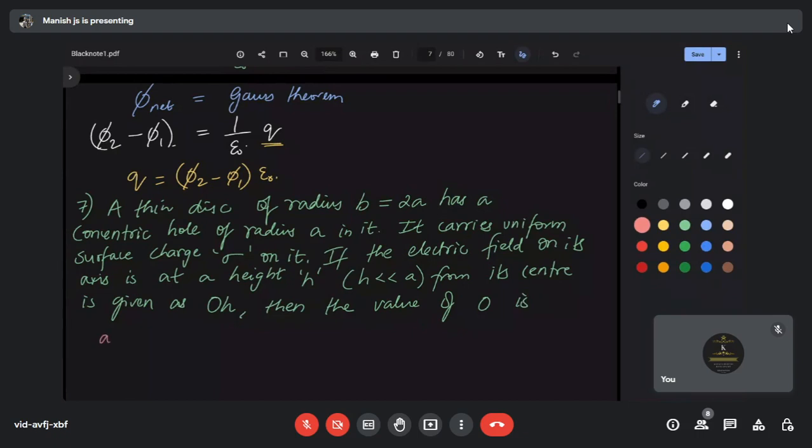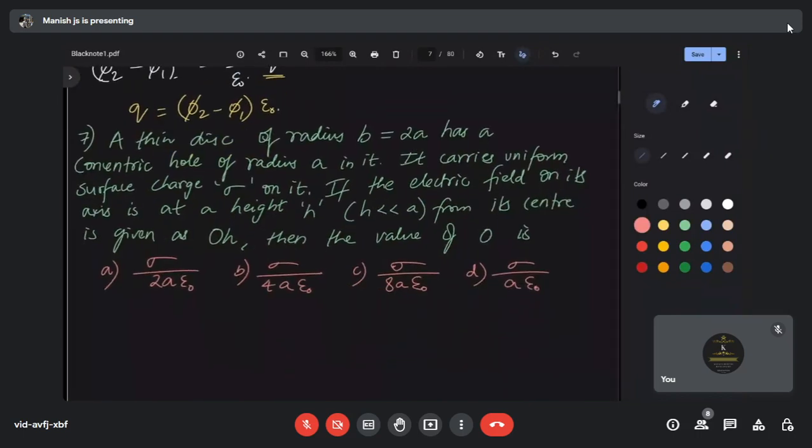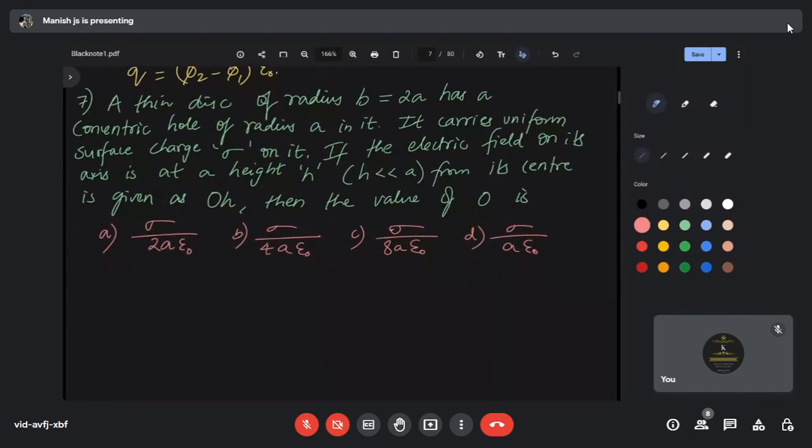Options. Option A, sigma by 2a epsilon naught. Option B, sigma by 4a epsilon naught. Option C, sigma by 8a epsilon naught. And option D, sigma by a epsilon naught. There is a figure for this. I am drawing the figure.